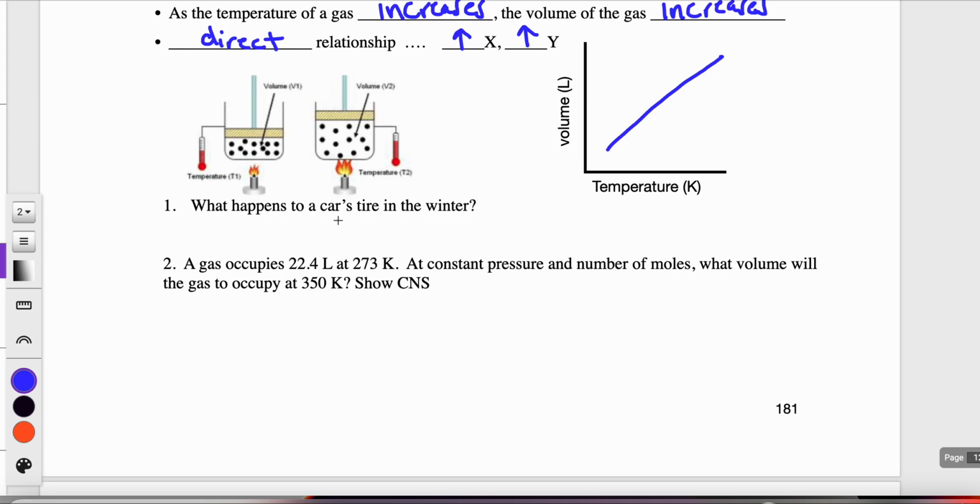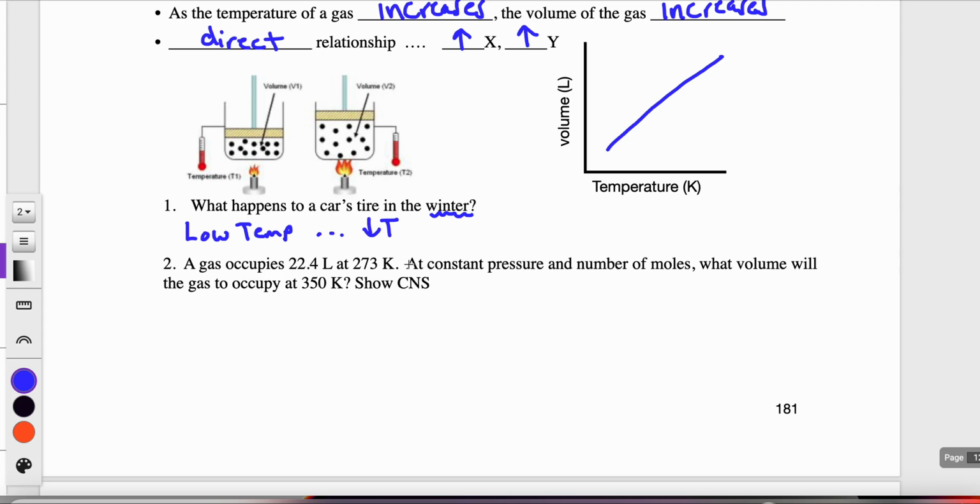Taking a look at examples here. So what happens to a car's tire in the winter? So when you think about winter conditions, this is when we tend to experience really low temperatures. So compared to the summertime, in the winters we see a decrease in the temperature.